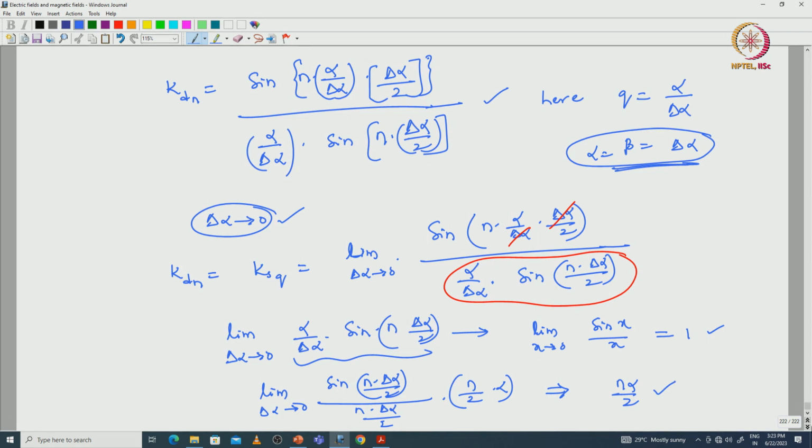So, the above function, the skewing factor, results in sin n into alpha by 2 divided by the denominator part, which already resulted in sin n alpha by 2. So, this is the resultant skewing factor equation.